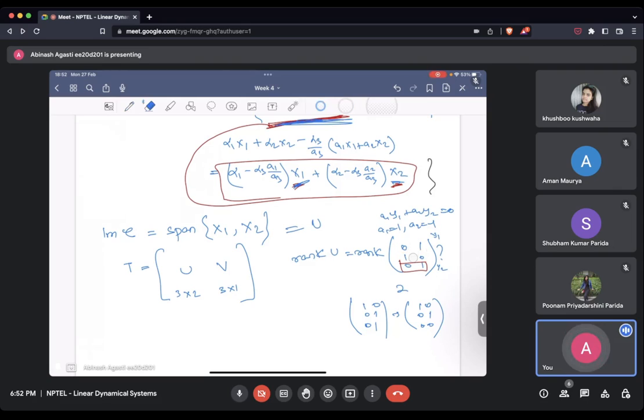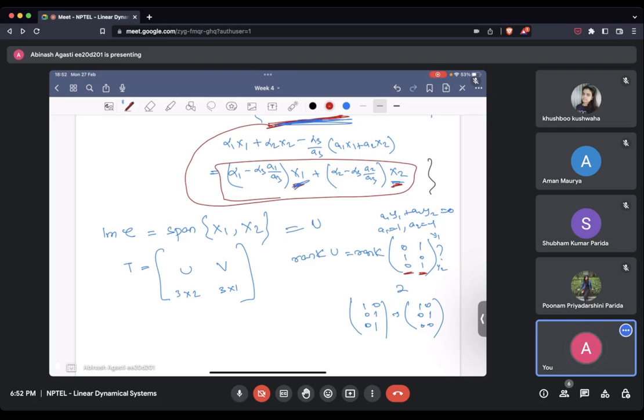Now tell me whether these two vectors are linearly dependent or not. Not dependent, right? So since this matrix U has two linearly independent columns, its rank will be 2.